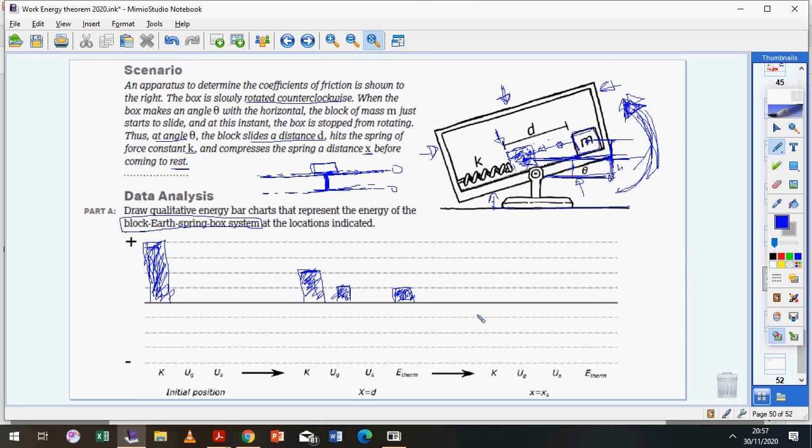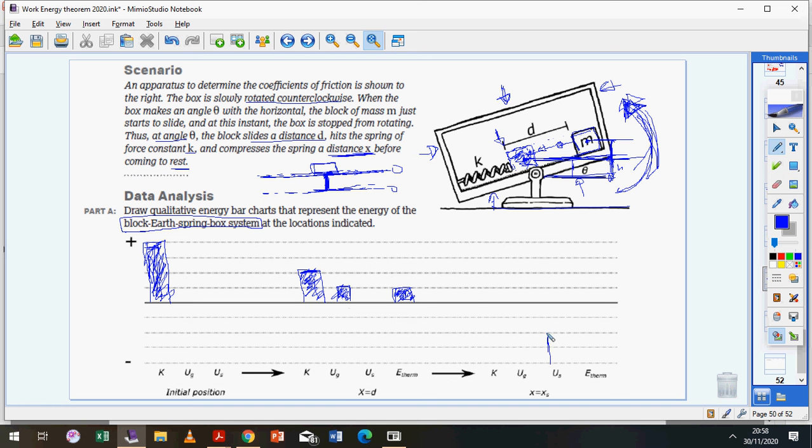So I'm good. Then when x is equal to the compression of the spring, because it said it hits the spring and compresses it a distance x, at this position there's going to be elastic potential energy.